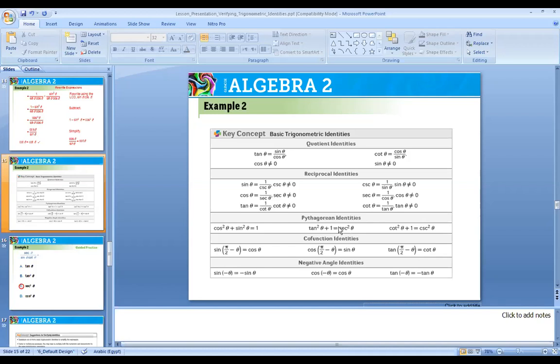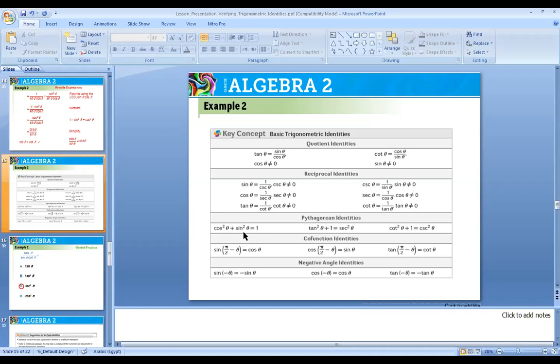Okay, the Pythagorean identities. This is what Abdullah asked about yesterday. We have three main Pythagorean identities. The first is sine squared theta plus cosine squared theta is equal to 1. From this, we can deduce another two rules. If we need to find sine squared, move cosine squared to the other side with the opposite sign.